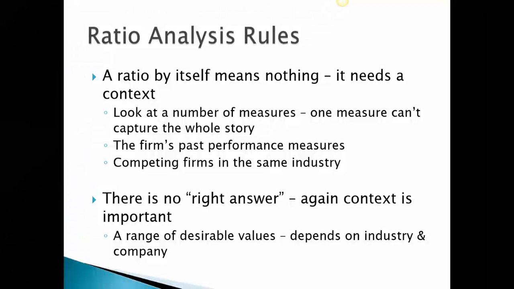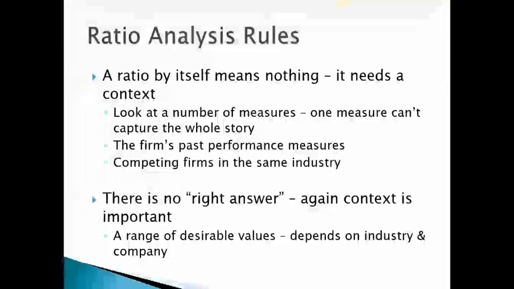Whereas for firms in a very stable industry, it would be a waste to have very high liquidity ratios and liquidity measures, because they're going to have a lot of assets that aren't functioning well for the company, being productive, and that's going to hurt their performance.